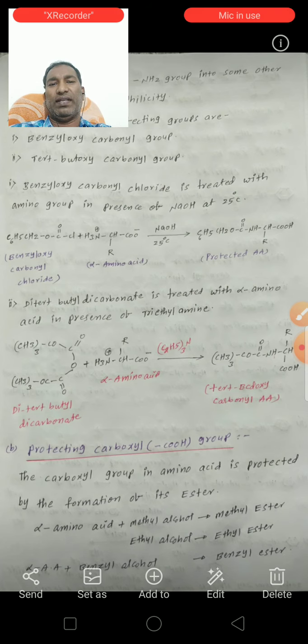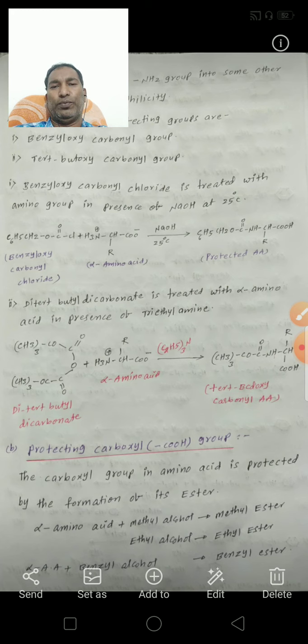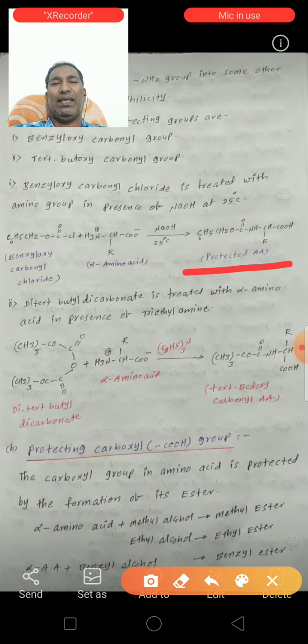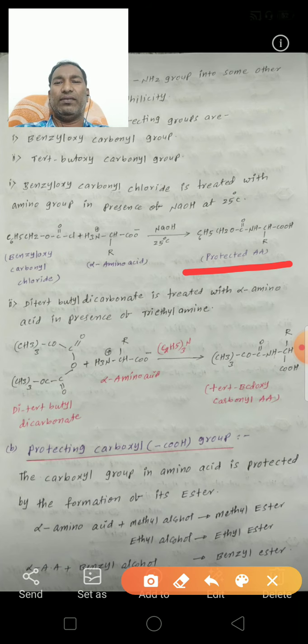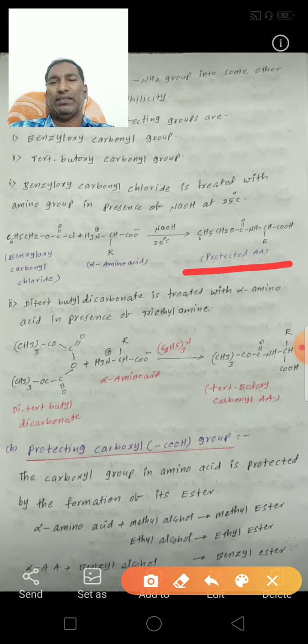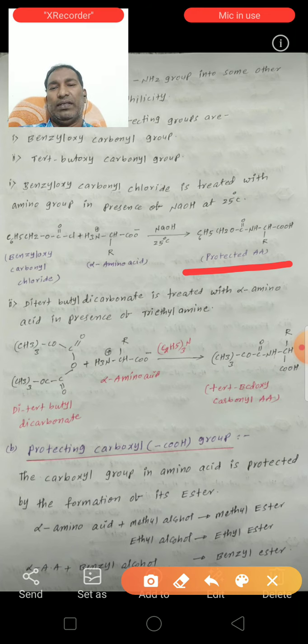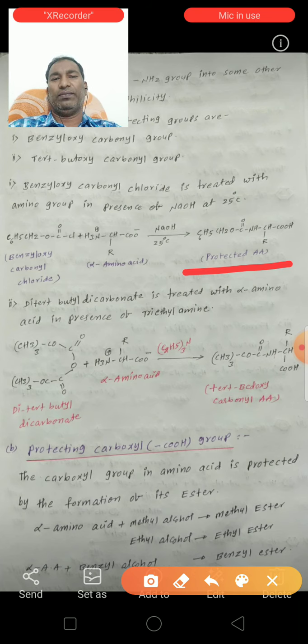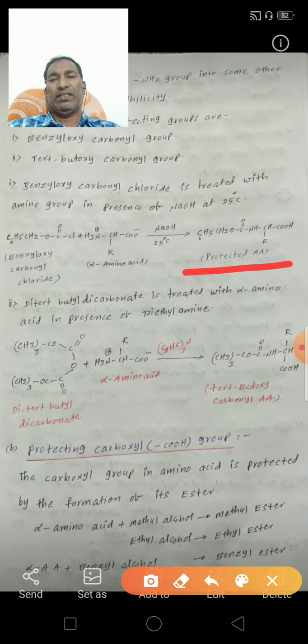The compound formed is known as a protected amino acid. So we can protect the NH2 group by using benzyloxycarbonyl chloride. The second one is di-tertiary butyl dicarbonate, which is treated with the alpha amino acid in presence of triethylamine.